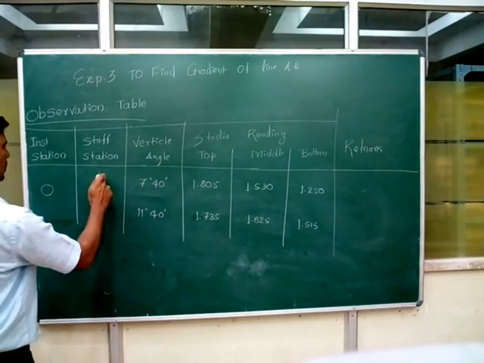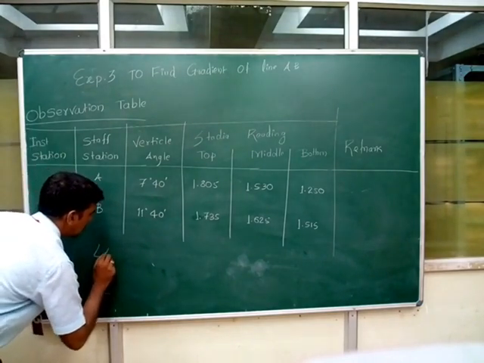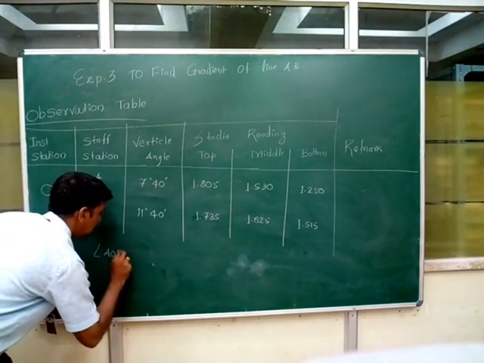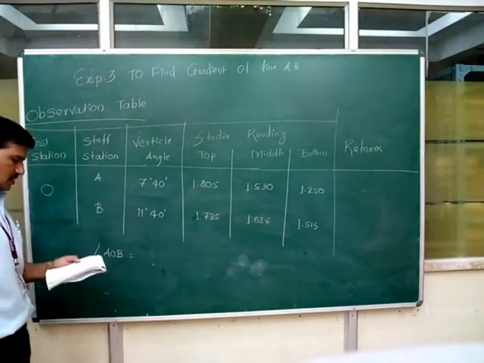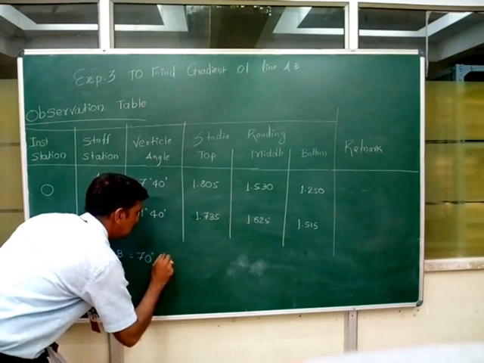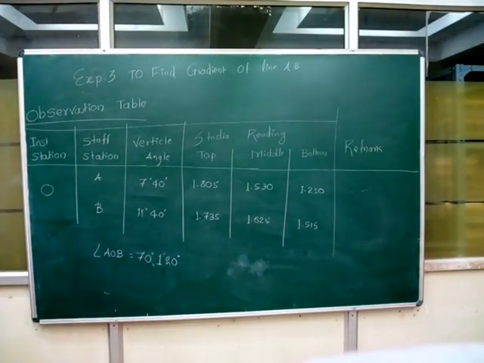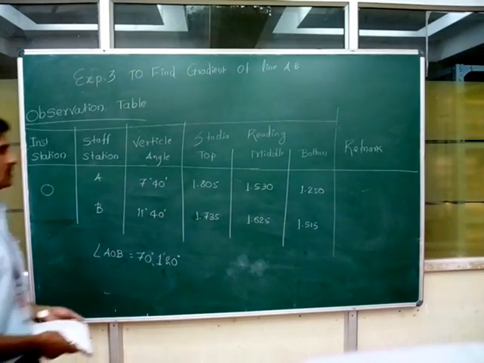Angle between point A and B, so we can say this angle AOB is 70 degrees, 1 minute and 20 seconds. So these are the readings.